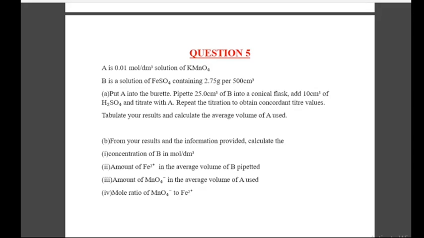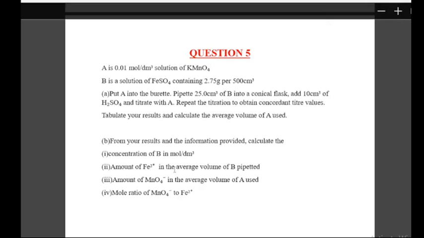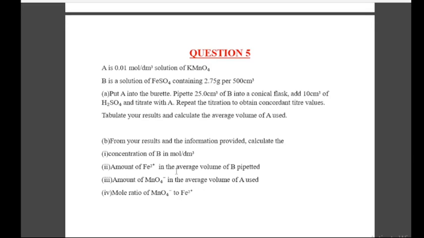So we go to the next question, question 2, which is asking us to calculate the amount of iron 2+ in the average volume of B that is being pipetted.